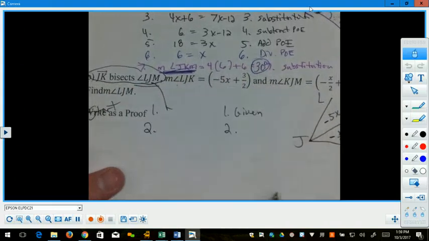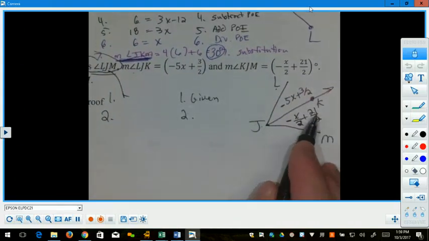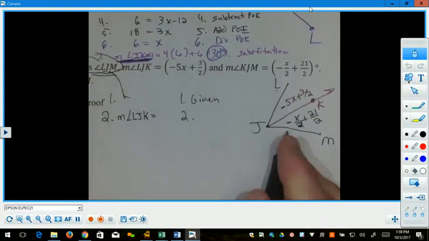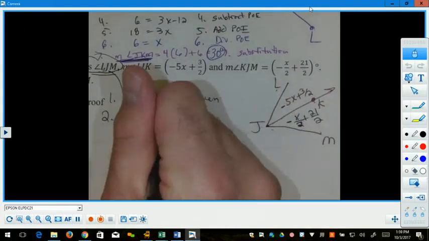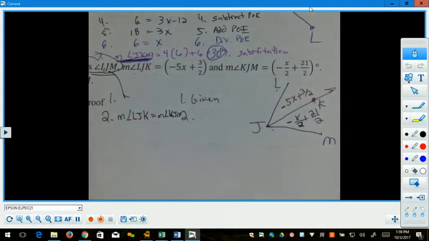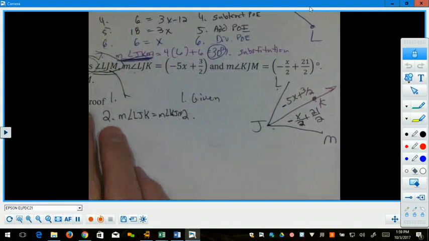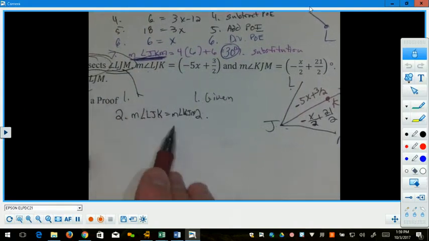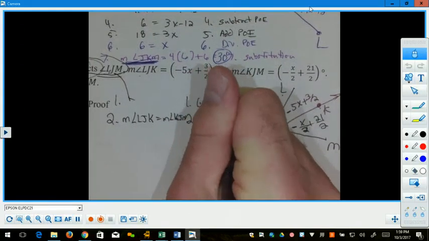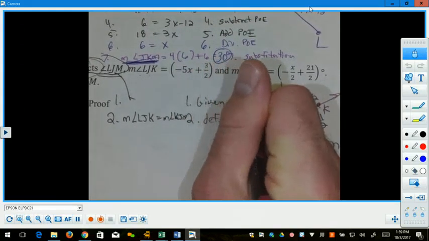Step 2 would be that the measure of angle LJK is equal to the measure of KJM. How do I know that? I know that because they said it is bisected, and to bisect means to cut into 2 equal parts. So this is definition of angle bisector.